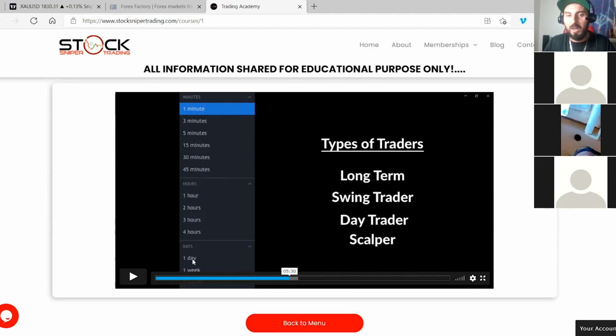So over here, we have the higher time frames. We have the monthly candle, the weekly candle, and daily candles. Then they have the hourly candles. TradingView has a 4-hour, a 3-hour, a 2-hour, and a 1-hour candle. And then we get into what's called scalping in here: 45 minutes, 30 minutes, 15 minutes, 5 minutes.